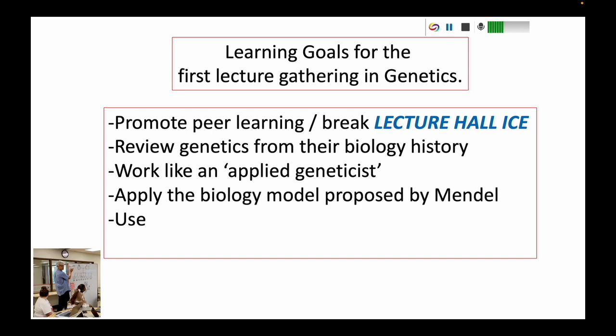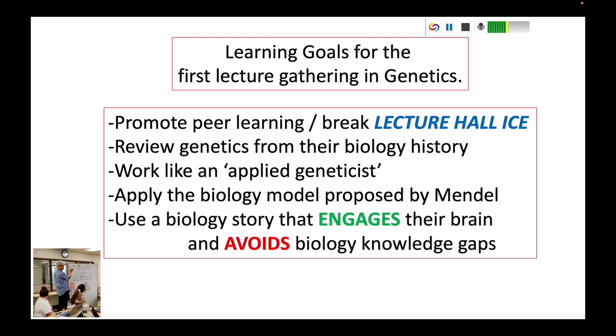We start where genetics started historically with the work done by Mendel, but I don't dwell on Mendel's research work. I bring in a different story that I think has some advantages. So this is what I'll share with you.